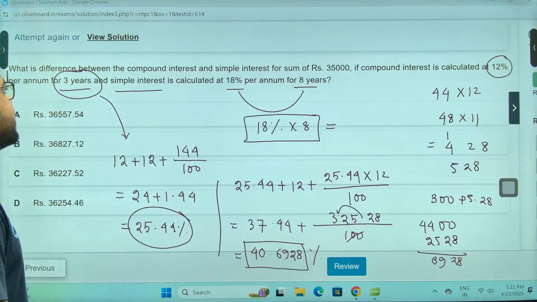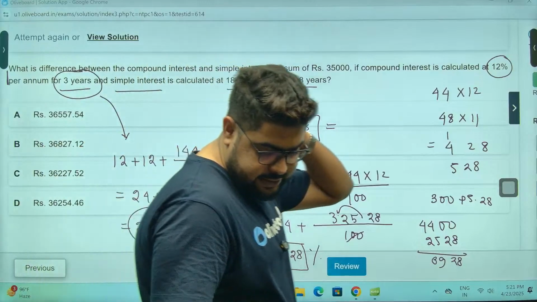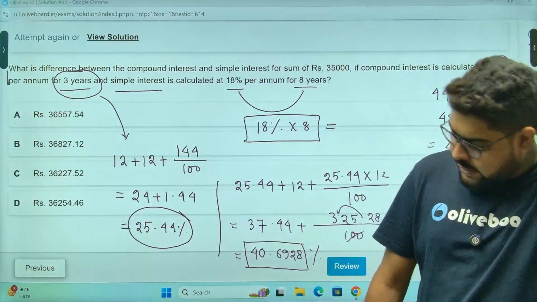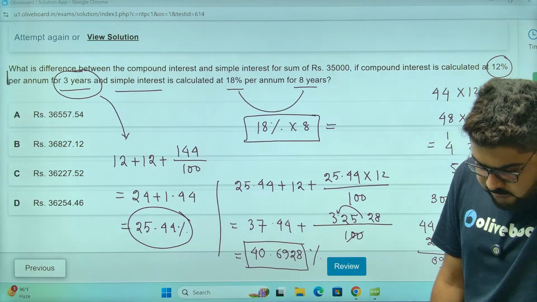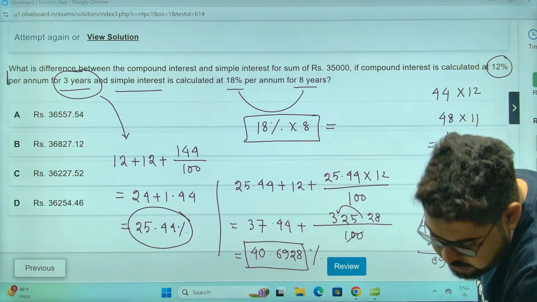This is the percentage, this is how much percentage you will get. I got 6928. 305.28.